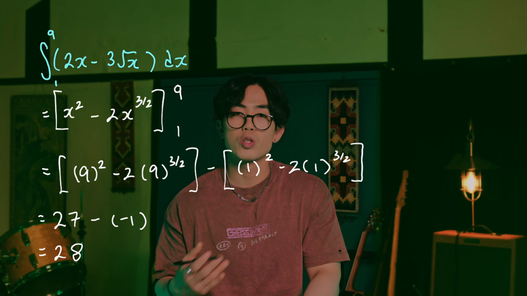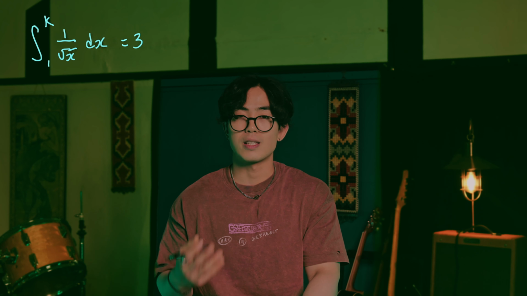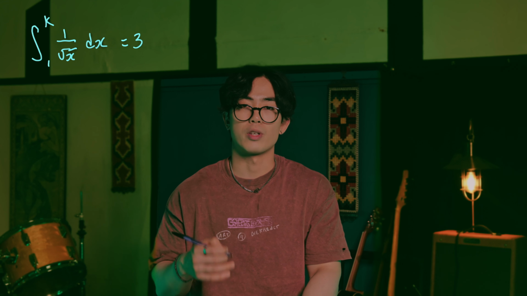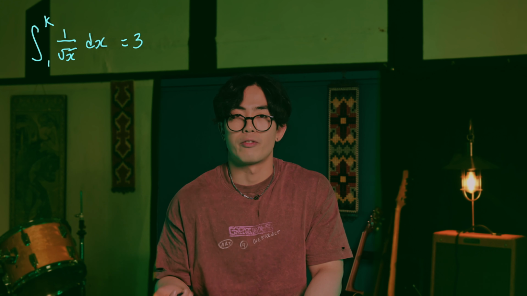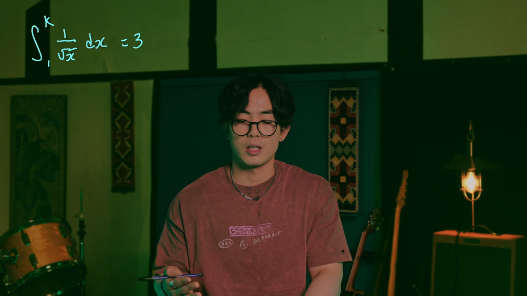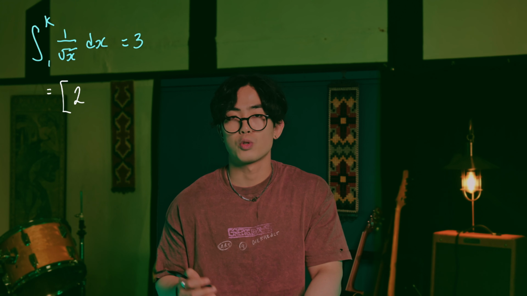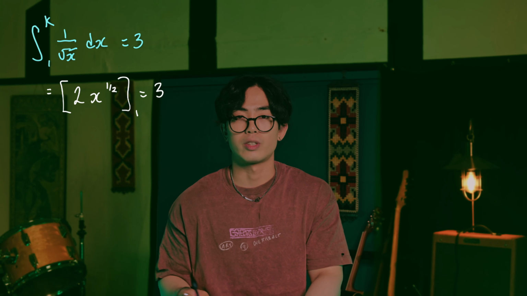Using this method, we can also find limits if we're given the definite integral value. An example would be this question here. You can see here, if we were to integrate 1 over root x from limits of 1 to k, they say it's going to be equal to 3. It's basically like reversing or manipulating it. So let's integrate it first. Integrating 1 over root x will give me 2x to the power of a half with limits of 1 to k, and that's equal to 3.